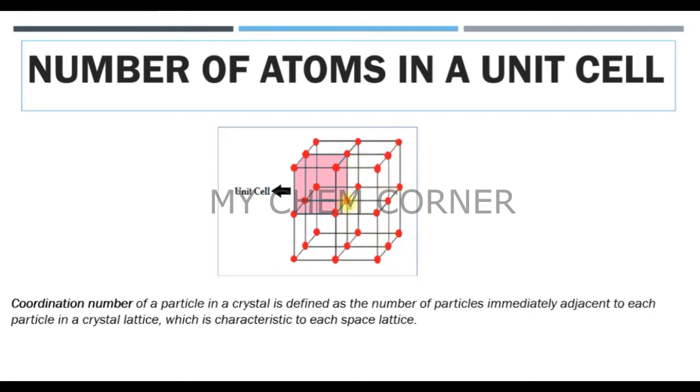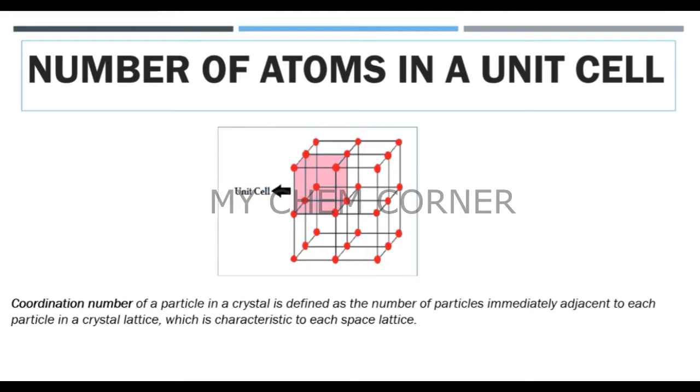So if you see, a sphere is not actually belonging completely to a unit cell. It is being shared among so many unit cells. So that way, when you're talking about how many spheres actually belong to one unit cell, we need to find out by a certain calculation.